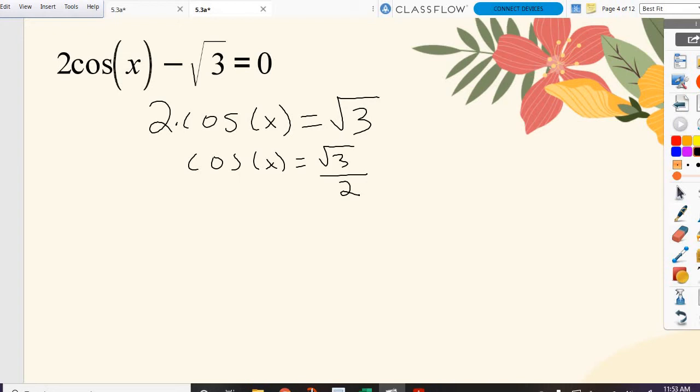Now hopefully that looks vaguely familiar, right? Because what's the magic tool that Mrs. Bennett told you that you were going to have to know for the remainder of the semester, because it was going to come up all the time? The unit circle. Okay? So, square root of 3 over 2 is on our unit circle. So we can basically work our way backwards. You can think what x value or what angle for cosine gives us square root of 3 over 2.